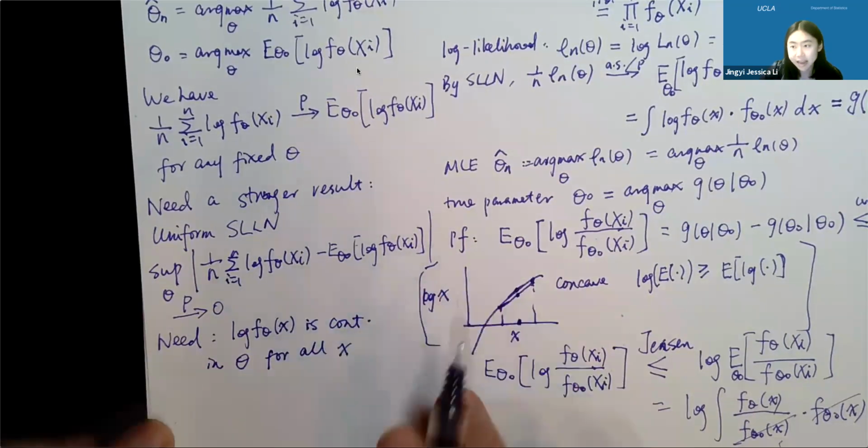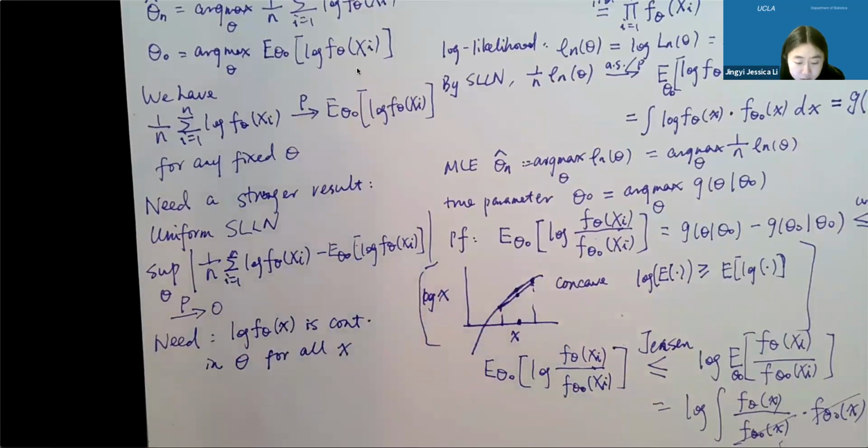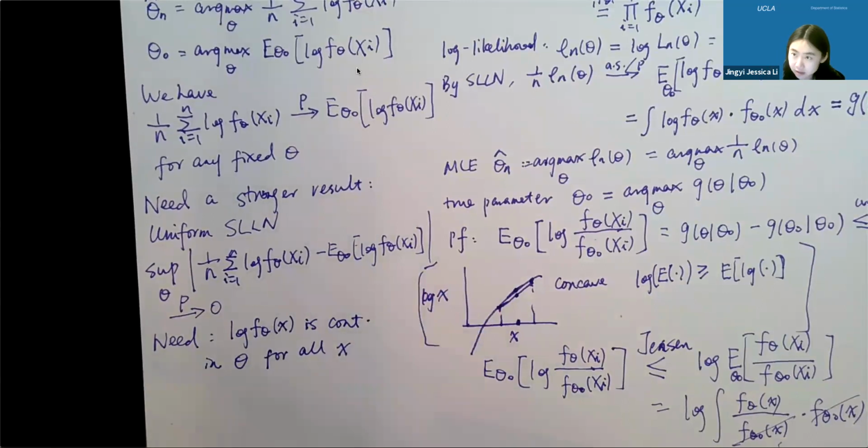Given an x, if I fix x and vary theta, I need this to be continuous in theta. The second thing is that I need to find an upper bound function of x with finite expectation.